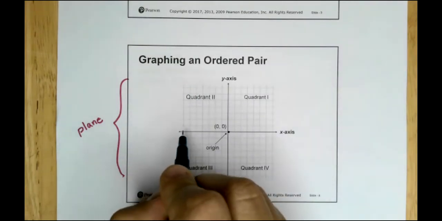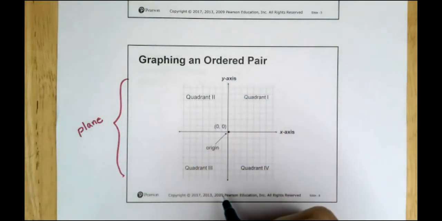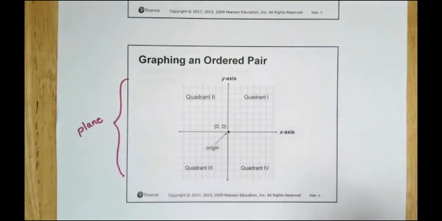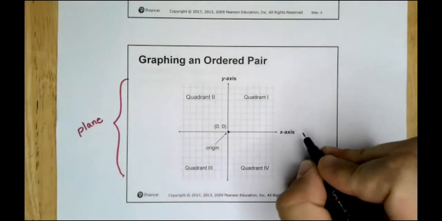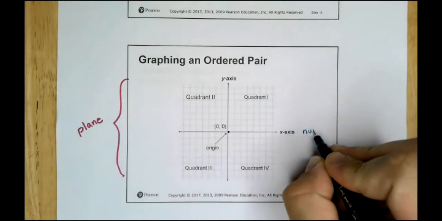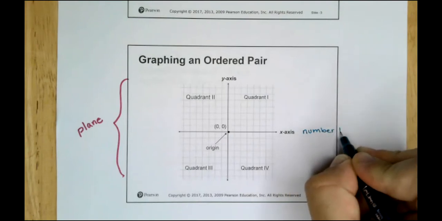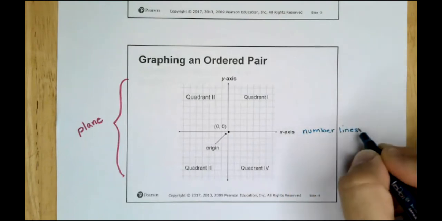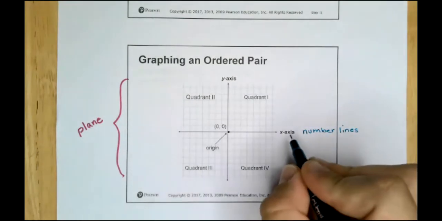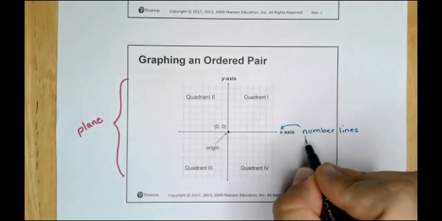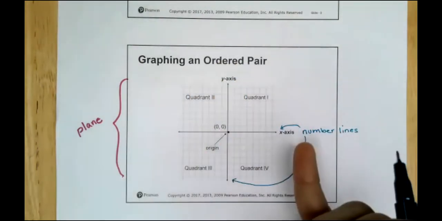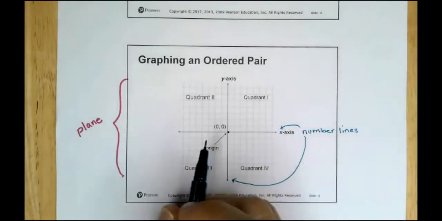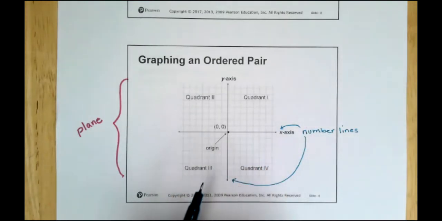Because we added lines to the plane to break it up, okay? We break up a plane using lines. These are number lines, right? They look just like number lines. So we use two number lines. Just draw an arrow. We use these two number lines to break up the plane so that we can describe where a point or an ordered pair is on the plane.